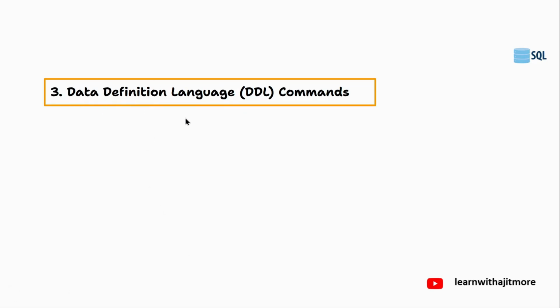Then the third category, which we saw yesterday, that is data definition language. Data definition means you're defining the schema, you're designing your tables. So creating your tables. What is the name of my table? What columns will be there in it?